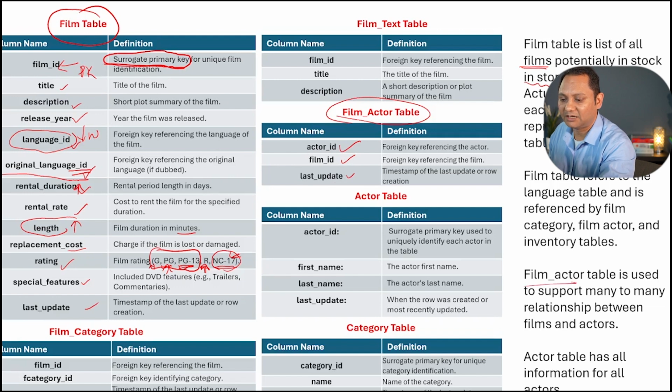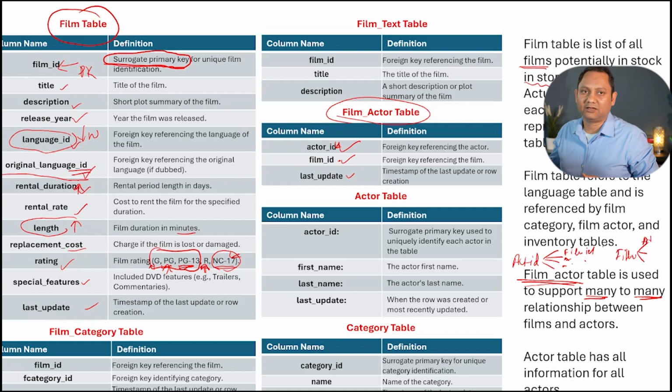In the film actor table, one actor ID can work in many different films. Actor ID can have many film IDs because he can act in different films, and at the same time, one film ID will have many different actors because there are lead actor, side actress, lead actor.